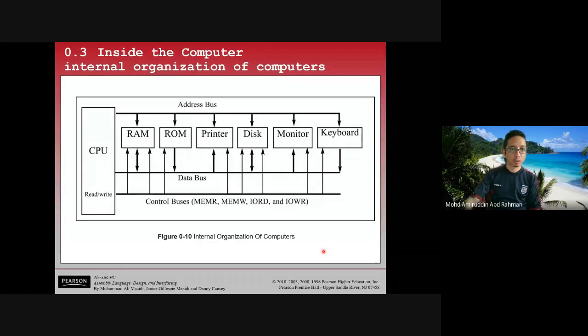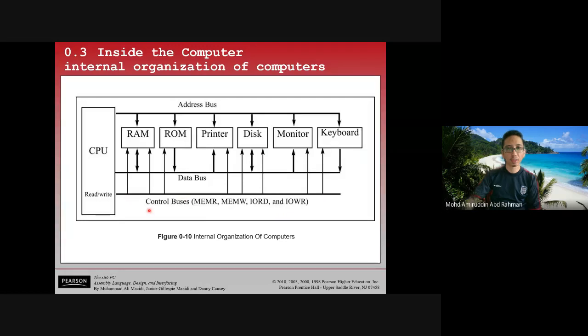Now you have a more complex block diagram. The CPU can read or write. We have the address bus on the top here, and then the data bus at the bottom here, and then we have the control buses as well.